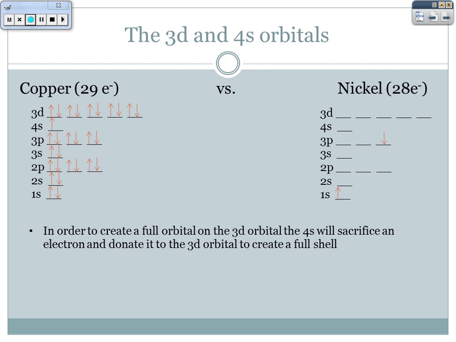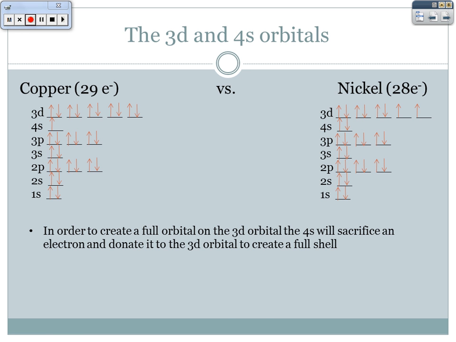Now if we look at nickel, if we fill it, so we go 1, 2, 3, 4, 5, 6, 7, 8, 9, 10, 11, 12, 13, 14, 15, 16, 17, 18, 19, 20, 21, 22, 23, 24, 25, 26, 27, 28. Now, in order to fulfill this, we'd have to have the 4s donate both electrons, which is not energetically efficient.